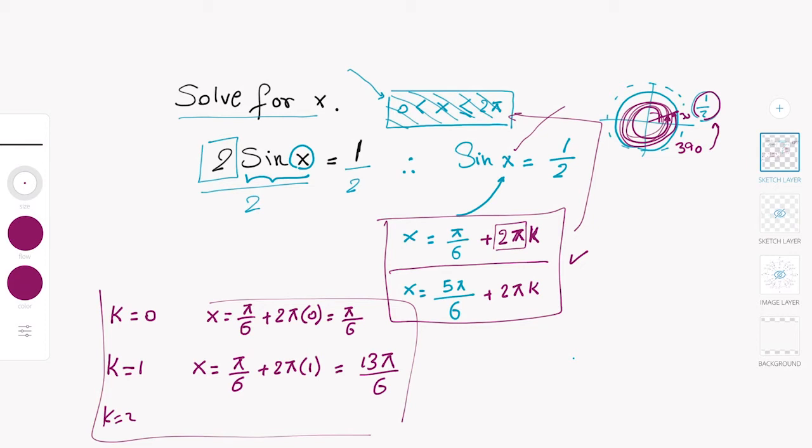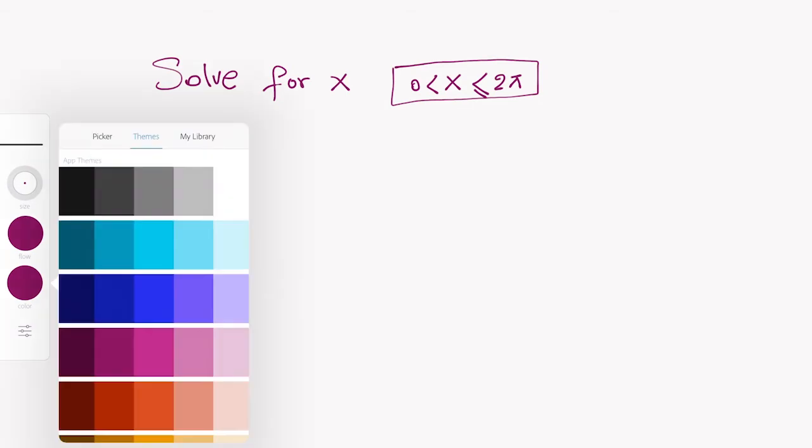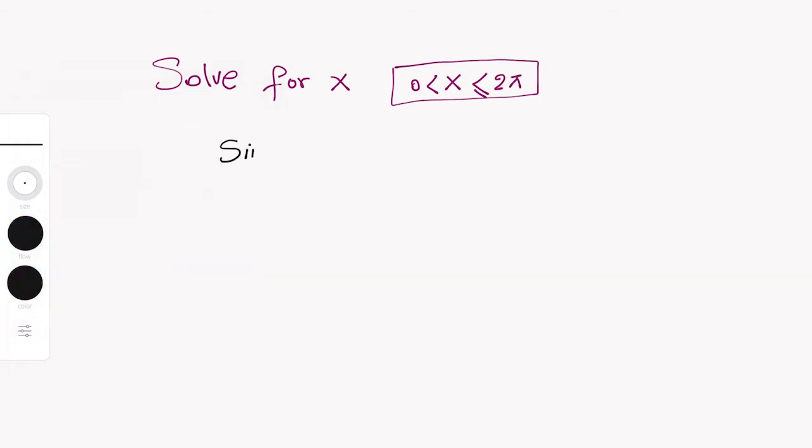Let's have another example. Solve for x. X is between 2 pi and 0. So this is great. That means we don't need to deal with 2 pi k. The equation is sine of x plus radical 2 equals negative sine of x.